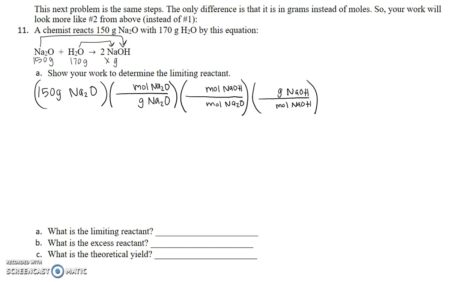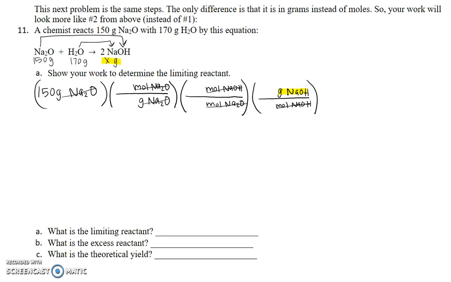Now that I have all my units and they cancel out, we can double check: grams of Na2O, grams of Na2O, moles of Na2O, moles of Na2O, moles of NaOH, and moles of NaOH, giving us an answer in grams of NaOH, which is what I'm looking for. Now I can put in some numbers.